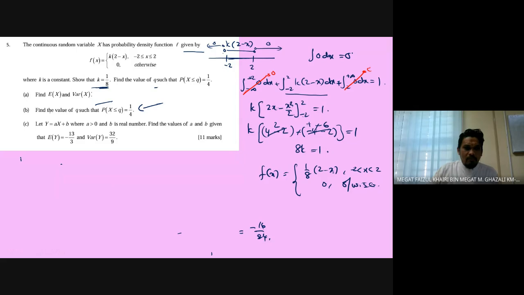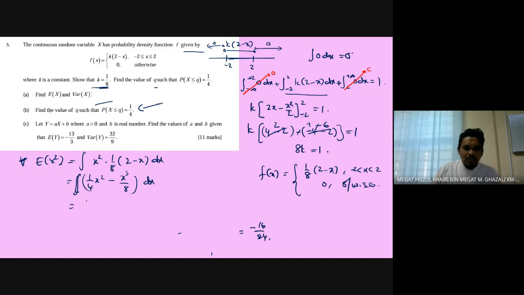Okay, expected of x squared, which is integral of x squared times 1 over 8 (2 minus x) dx. So then integral of x squared times 2 over 8 is 1 over 4 x squared minus x squared divided by 8 times negative x, minus x cubed divided by 8, dx.